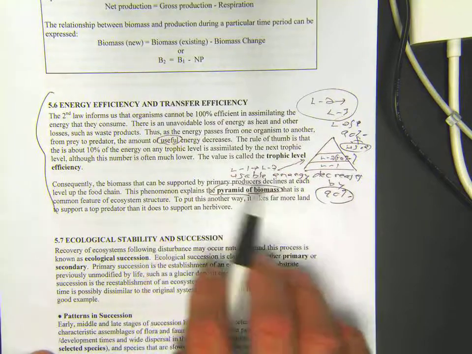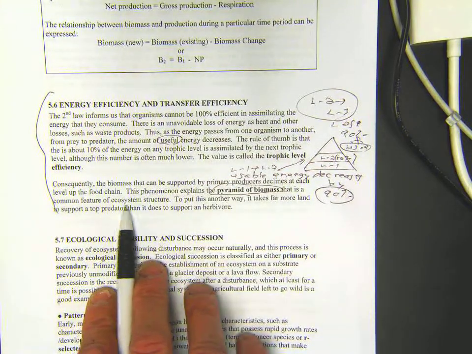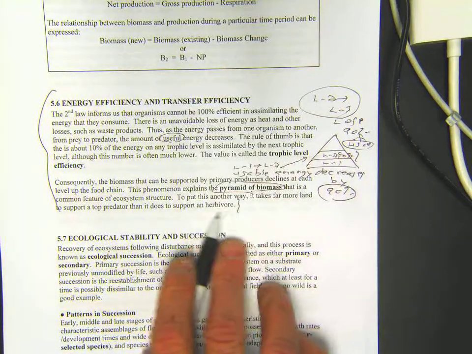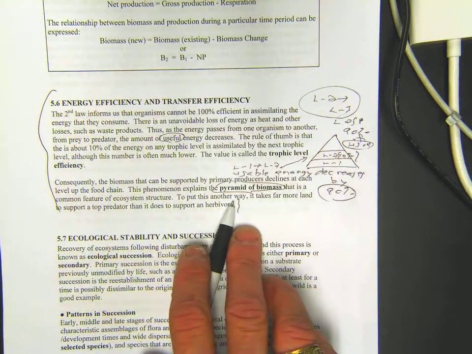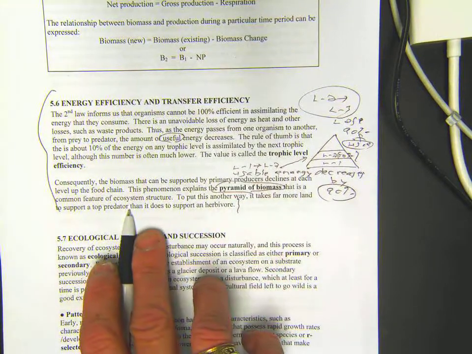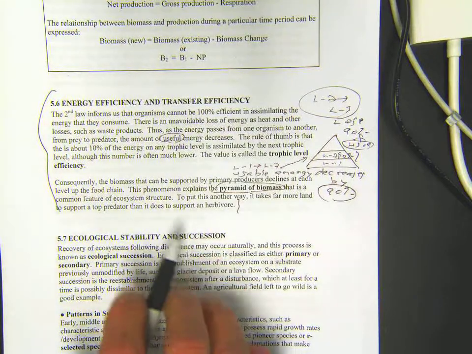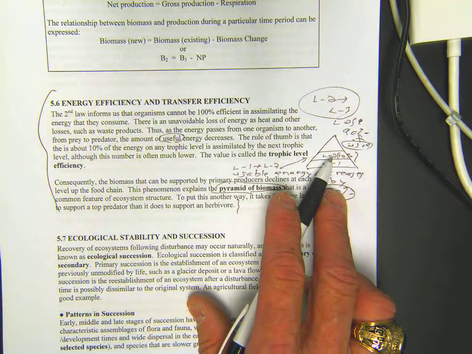And this is kind of interesting the way they put it. This explains the pyramid of biomass, which is a common feature of ecosystem structure. I've never seen this described this way before, but to put this another way, it takes far more land to support a top predator than it does to support an herbivore. Remember, the herbivores are going to be on level 2.